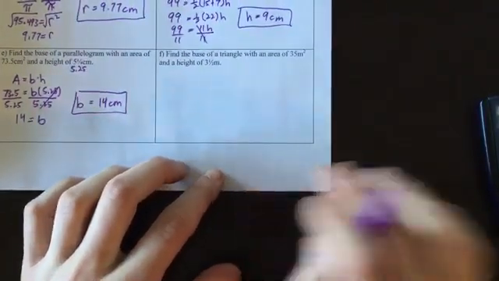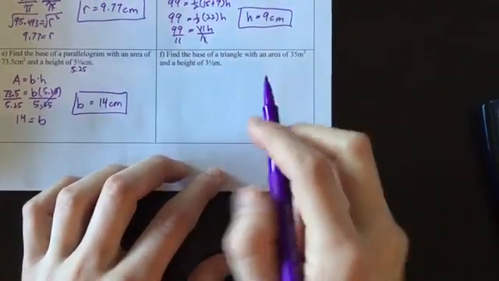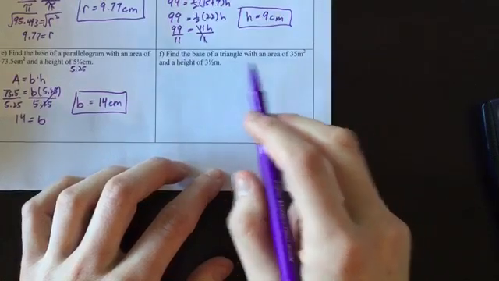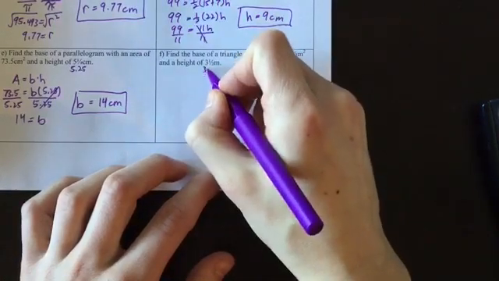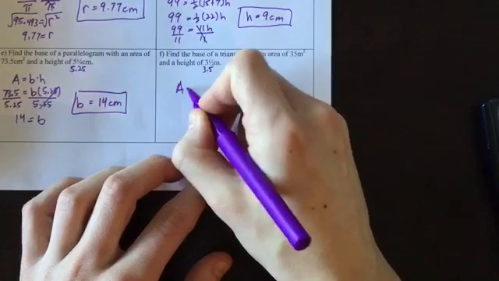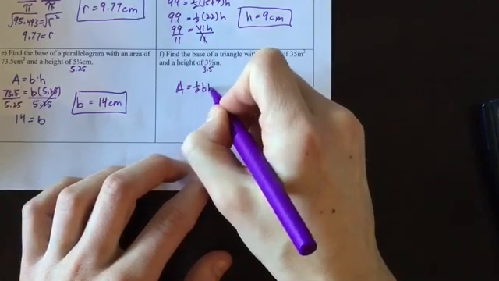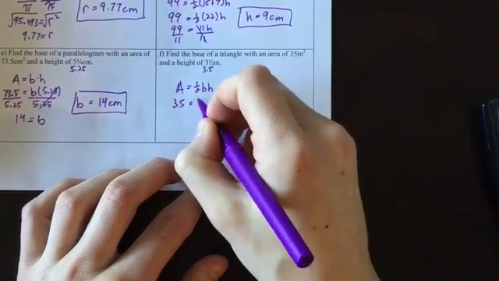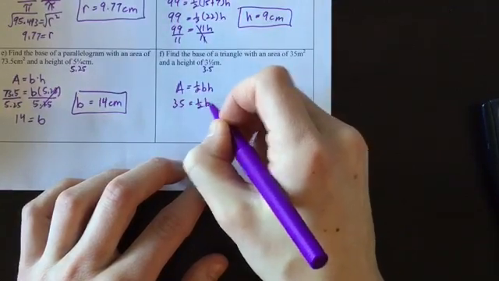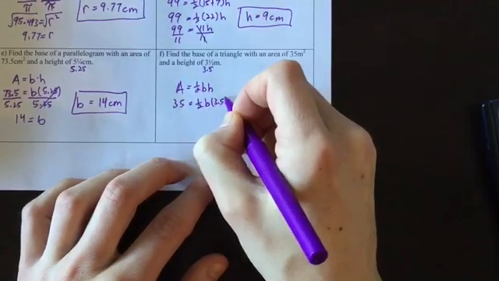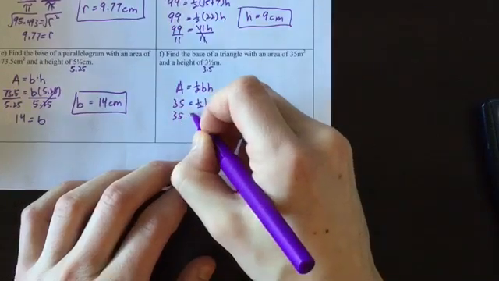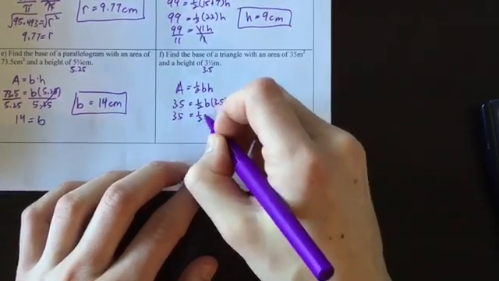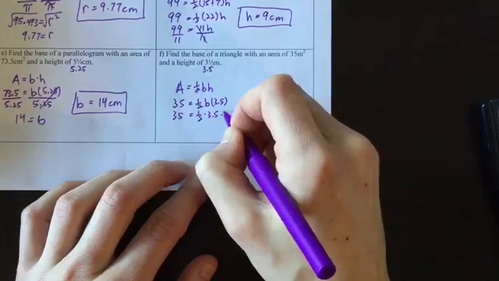Now, F. Find the base of a triangle with an area of 35 meters squared and a height of 3.5 meters. Area equals 1/2 base times height. Our area is 35, so it's going to be 1/2 B times our 3.5. We can simplify this using our commutative property.